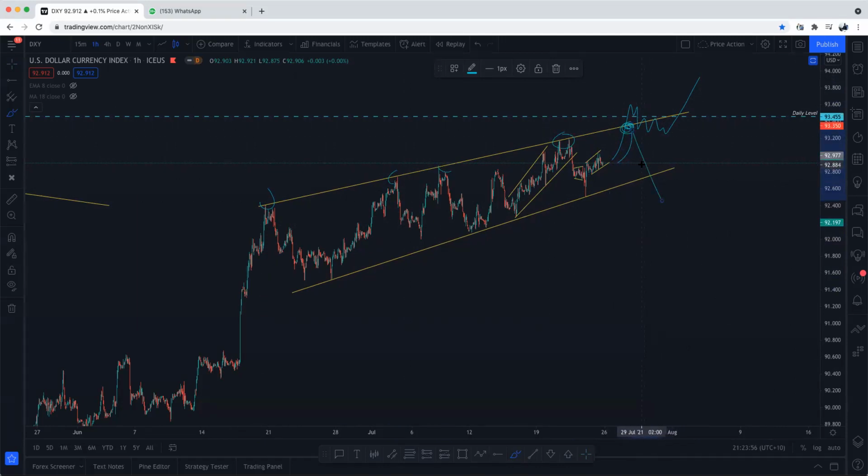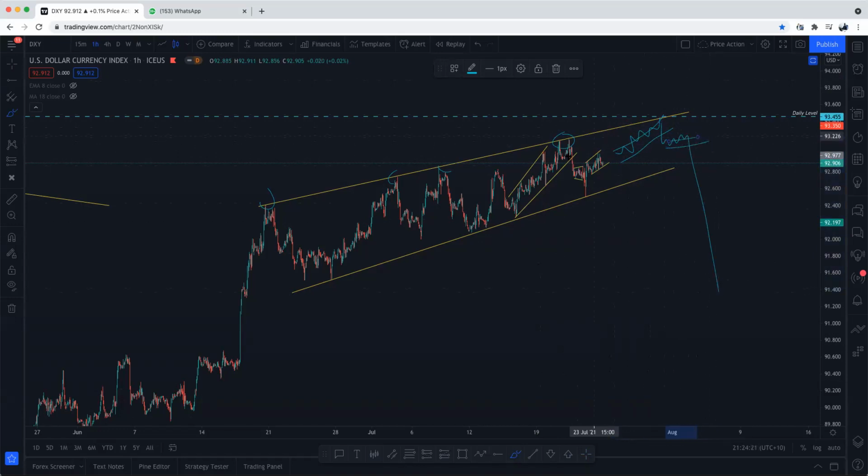So if price comes to this point correctively, what I'm looking for is for price to come here correctively, here, correctively like that. Then if it does this, I'll be drawing my trend line like that, okay? If price can then break and make a continuation flag and then drop to the downside.